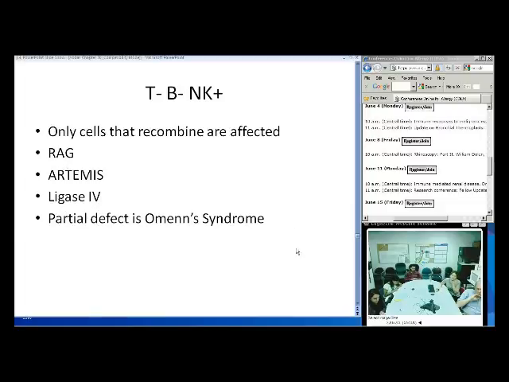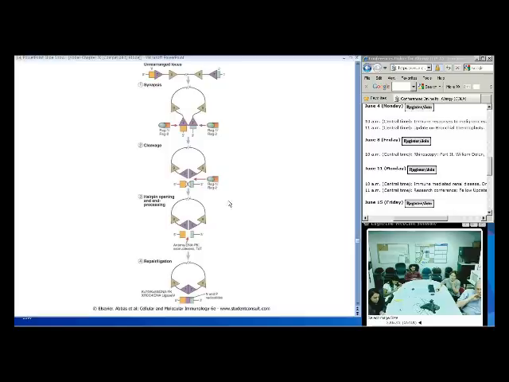Partial defect in any of these is going to be Omenn syndrome. Okay, so if we look back from the BAS text about how we have our recombination event, where you get your TREC basically that's spliced out. This is going to start using RAG, and then you're going to get opening of the hairpin using Artemis, and you're going to get repair using the rest of these, like ligase 4.